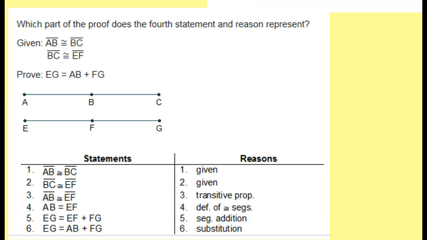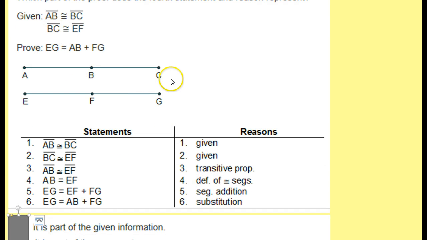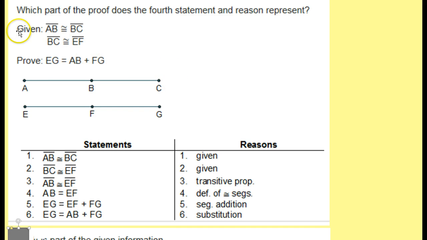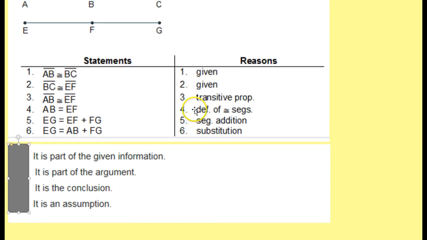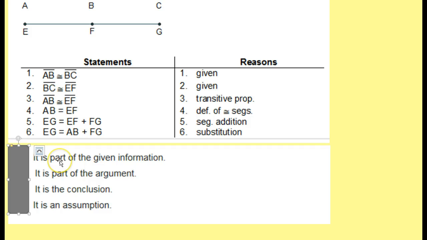Okay, this is a little different. Alright, we have this little proof shown here. And we're given some information, and then they're proving that EG is equal to AB plus FG. So that's all well and good. This question, though, is actually a pretty simple question.